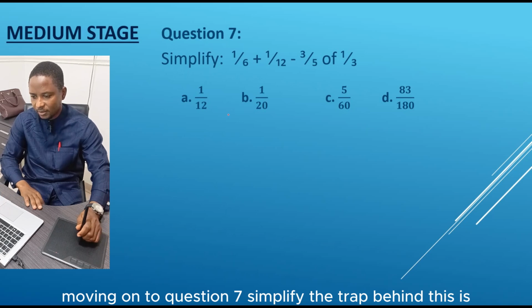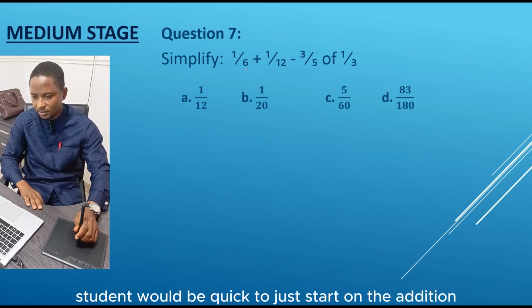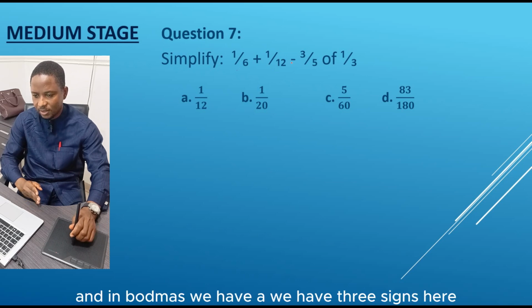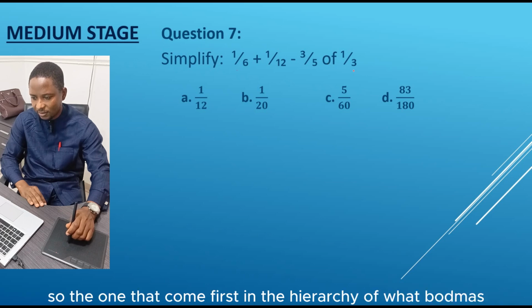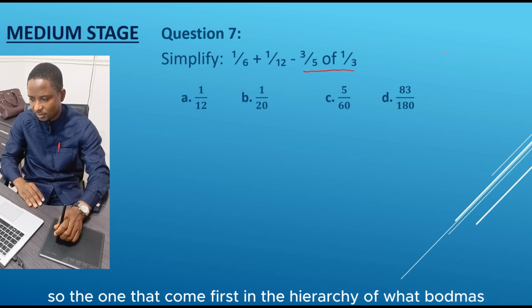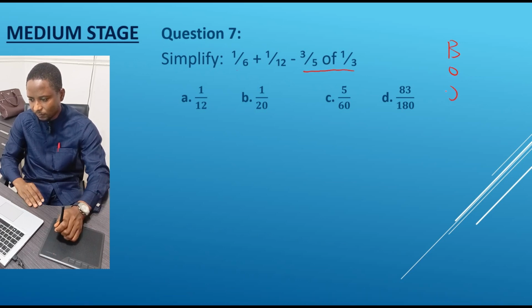The trap behind this is that students would be quick to just start the addition, but this is BODMAS, and in BODMAS we have 3 signs there, which is plus, negative, and of. So the one that comes first in the hierarchy of BODMAS is what?